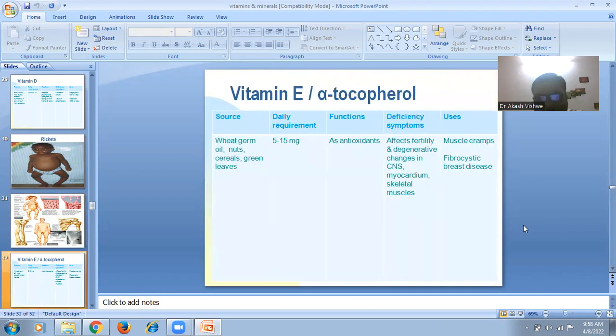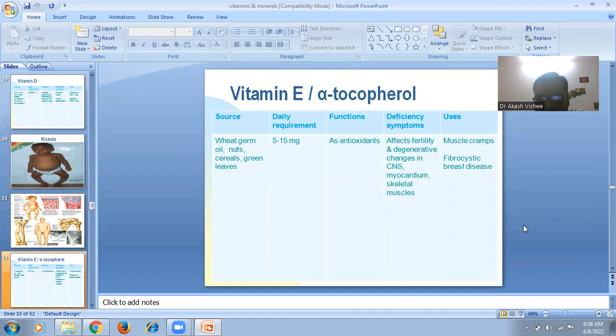Now we have vitamin E, also known as alpha tocopherol. Sources of vitamin E are wheat germ oil, nuts, cereals, and green leaves. The daily requirement of alpha tocopherol is 5 to 15 milligrams. Its function is as an antioxidant.